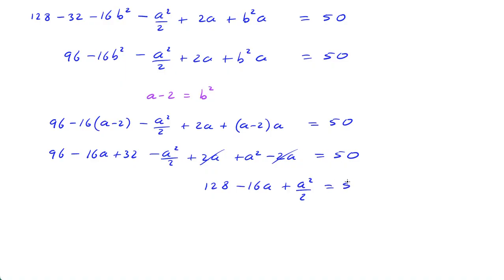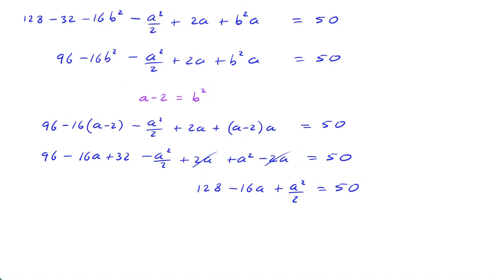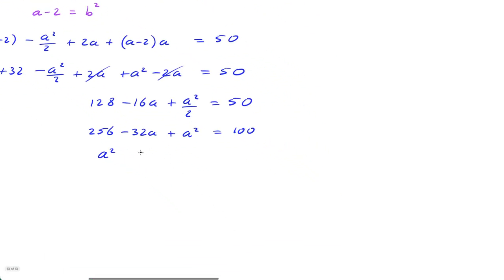Multiply across by 2, 256 minus 32a plus a squared equals 100. Rearrange, a squared minus 32a plus 256 minus 100 is 156 equals 0. And then factors of 156 to give me 32. Okay, I don't know what that is. Let me just do that with the calculator.